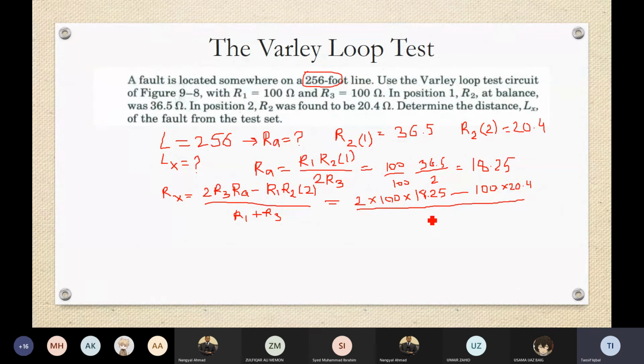And then divide by R1 plus R3, which is basically 200. So we can simplify it.